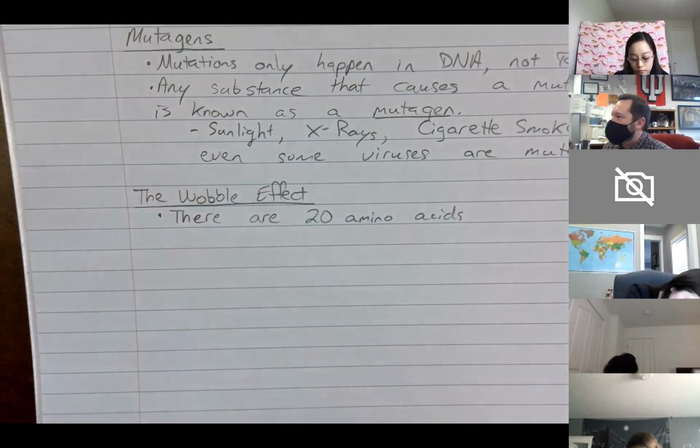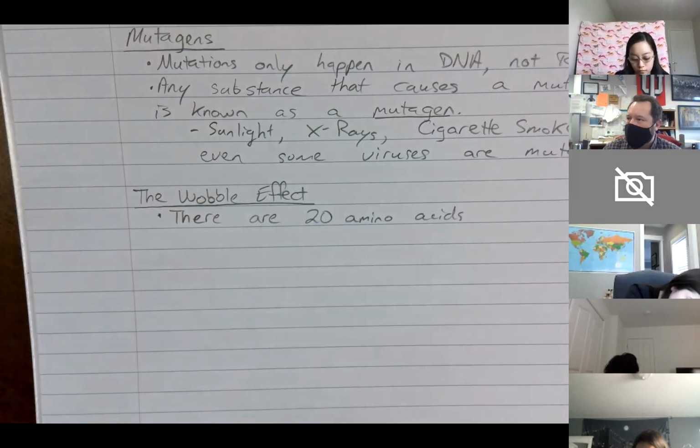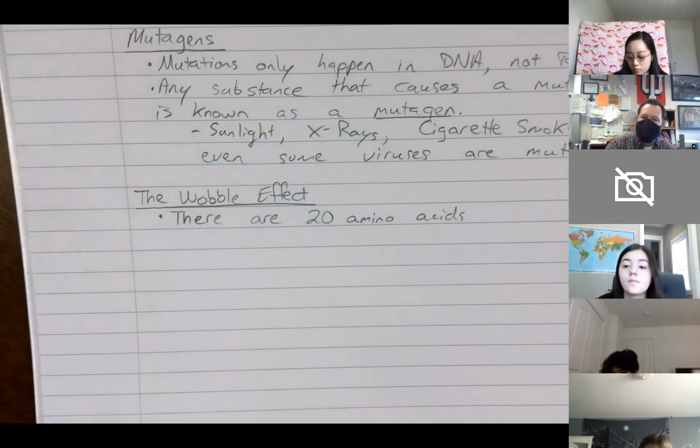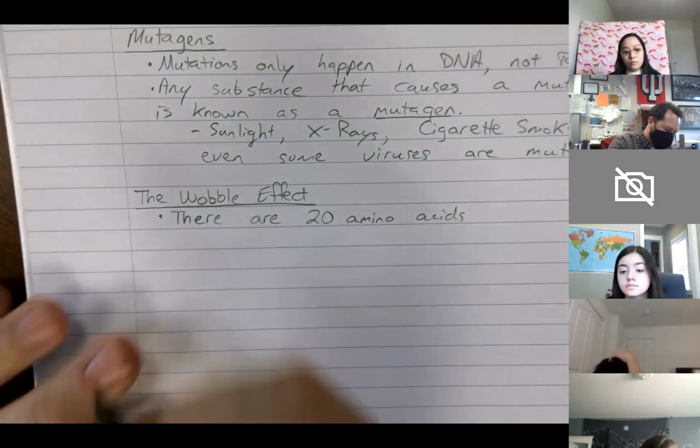20 amino acids. I don't know if you guys remember that from the beginning of the year. I'm guessing I threw it out there, probably didn't hammer it home very hard. But there are 20 different amino acids, 20 possibilities.